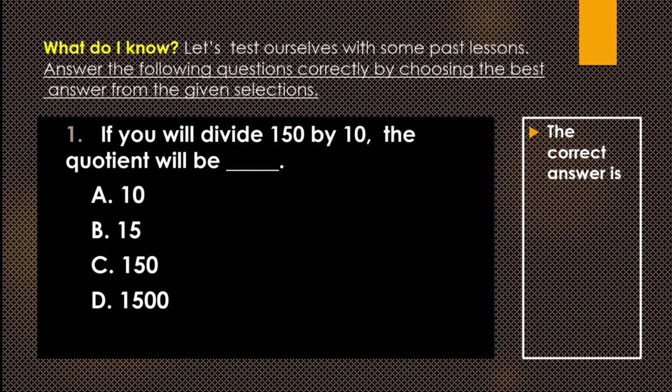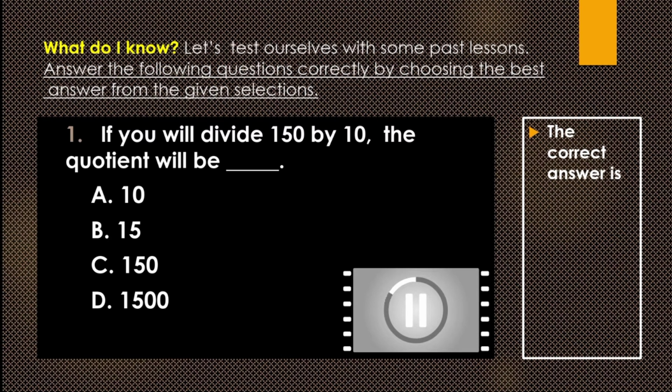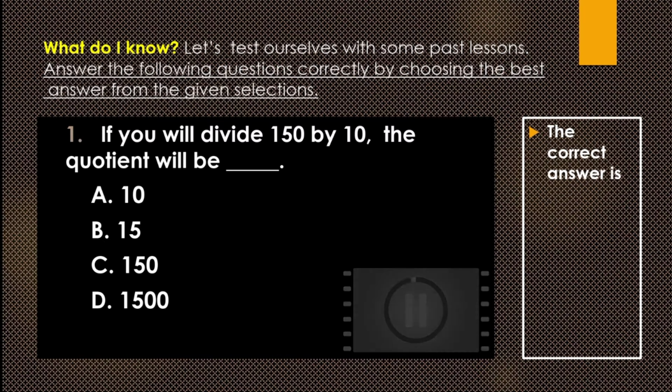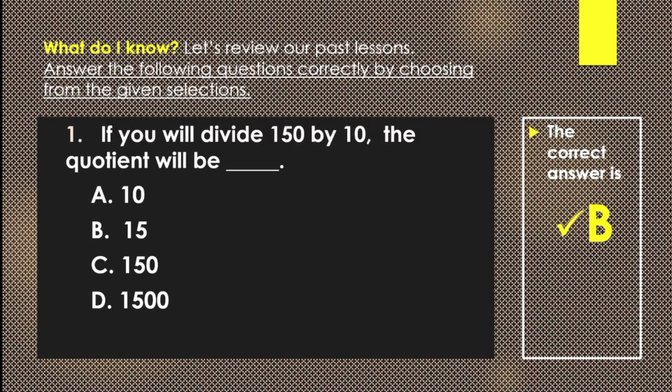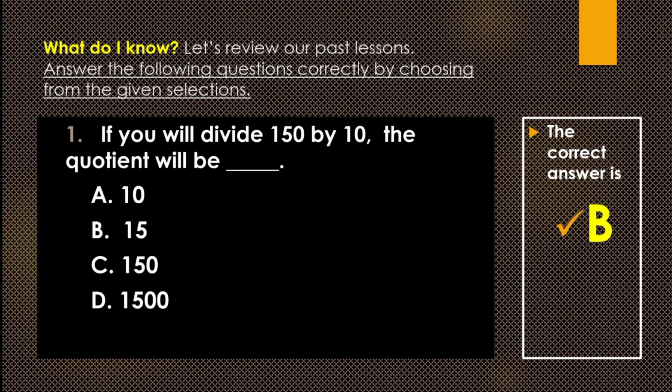A. 10, B. 15, C. 150, D. 1,500. The correct answer is letter B, 15.